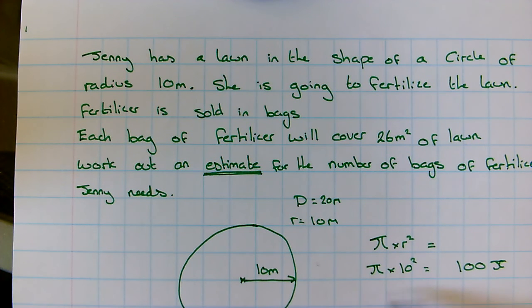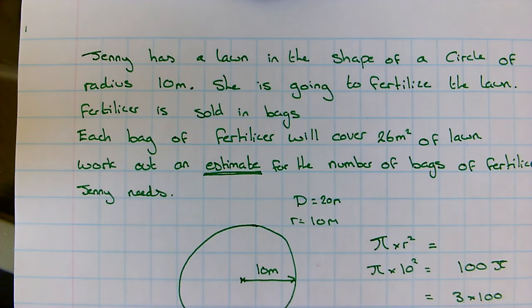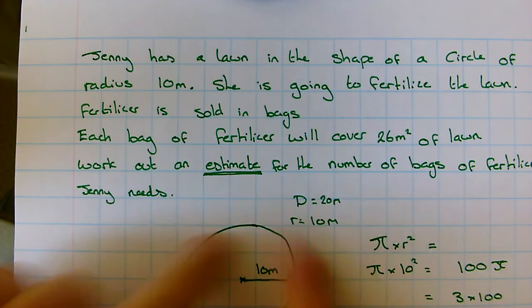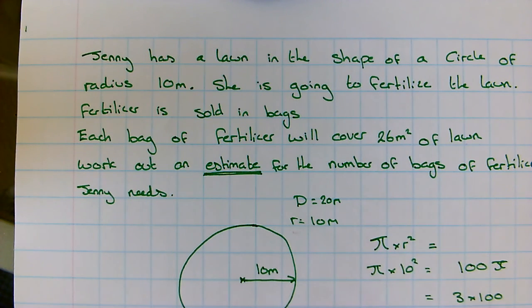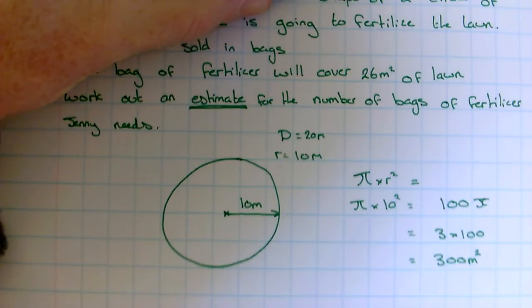So, this is actually 3 times 100, because pi is 3. And therefore that's 300 metres squared. Okay. Now, that's how much the area is on the garden. Okay, is 300 metres squared.